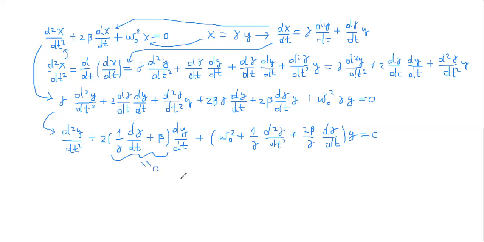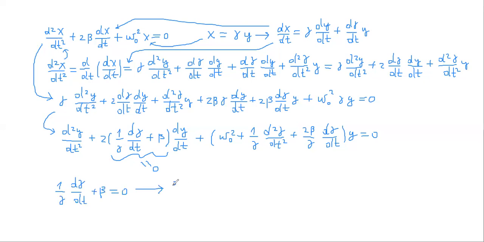So to find this, we have to find a partial solution of this differential equation: dgamma by dt plus beta gamma must be equal to 0.